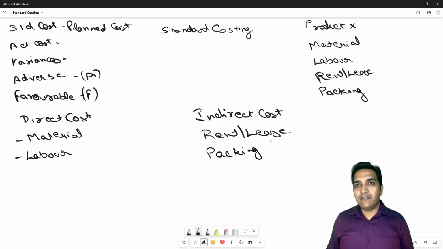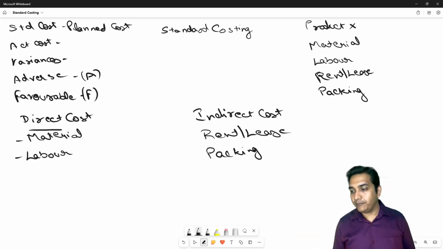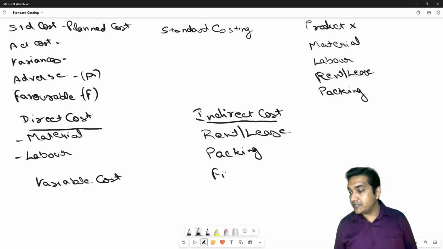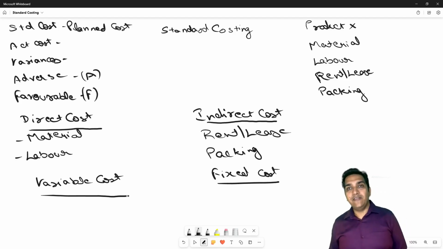In costs further, there are two different kinds of cost. They are variable cost and fixed cost. Variable cost and fixed cost.